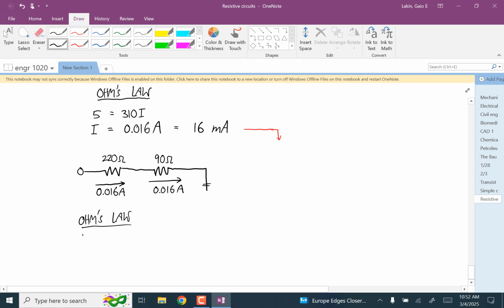So the voltage across that first one, I'll call it the voltage across the 220, is equal to 220 times 0.016. And that's 3.55 volts.